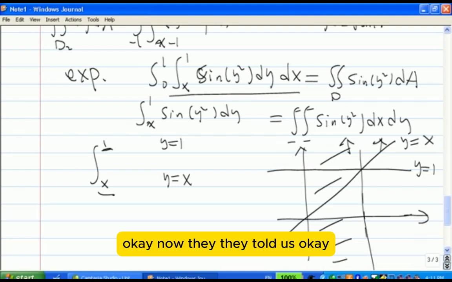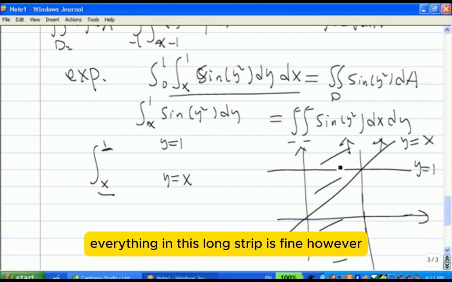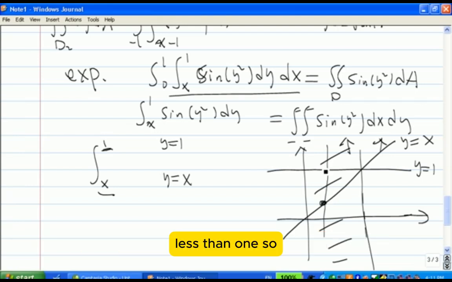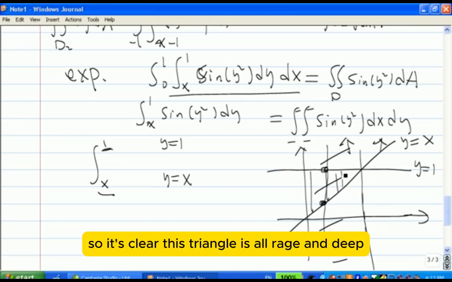So this is the curve y equal to 1. Now they told us x is between 0 and 1. Everything in this long strip is fine. However, for a given x, y is bigger than this point, and less than 1. So it's clear.